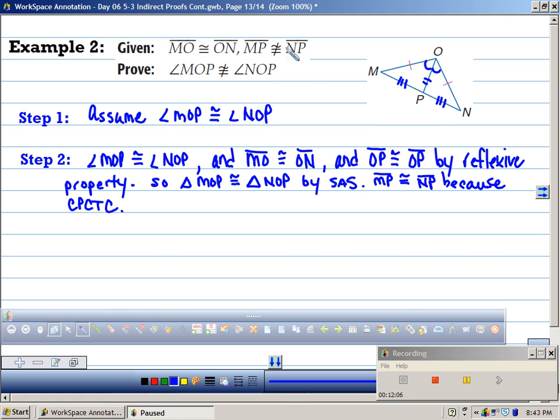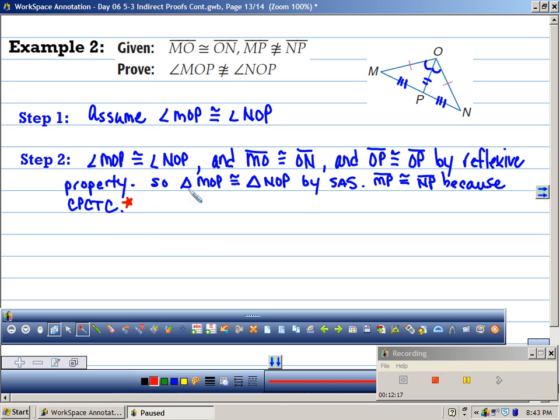And there I have it right there. I just contradicted the hypothesis. Right? Let's put it right here. That's all that. We just found it. So let's go on to our step number 3.